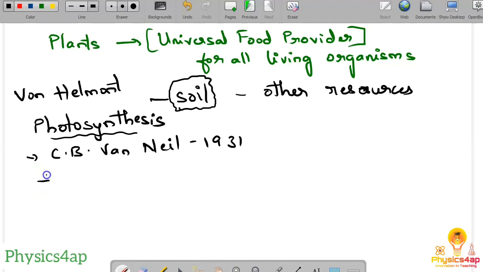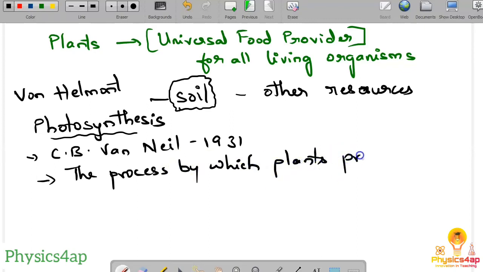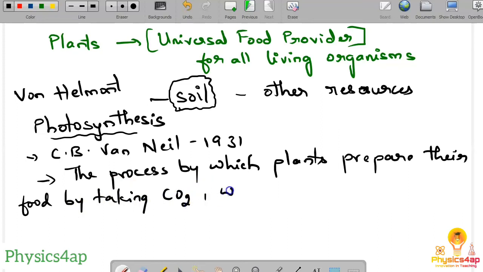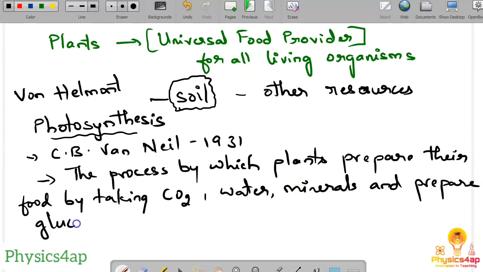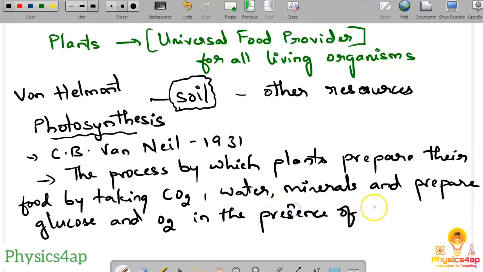So what does this photosynthesis reaction tell us? It is the process by which plants prepare their food by taking CO2, carbon dioxide, water, and some minerals, like nitrogen, phosphorus, some minerals which are present in the soil, and prepare glucose and oxygen in the presence of sunlight and chlorophyll.